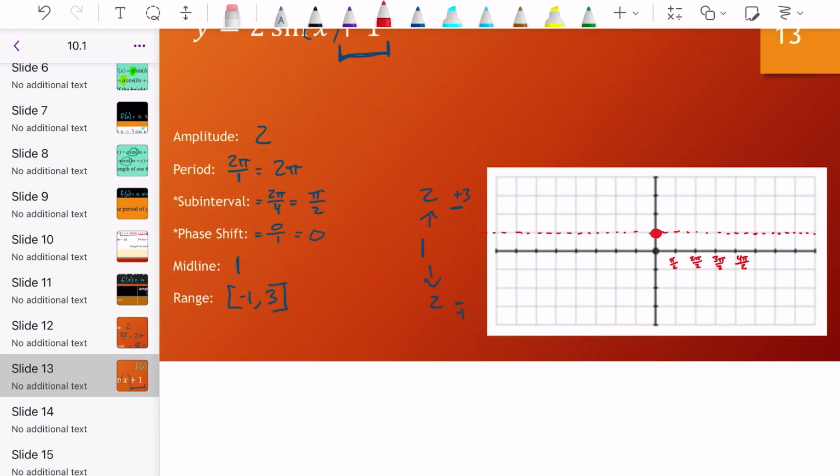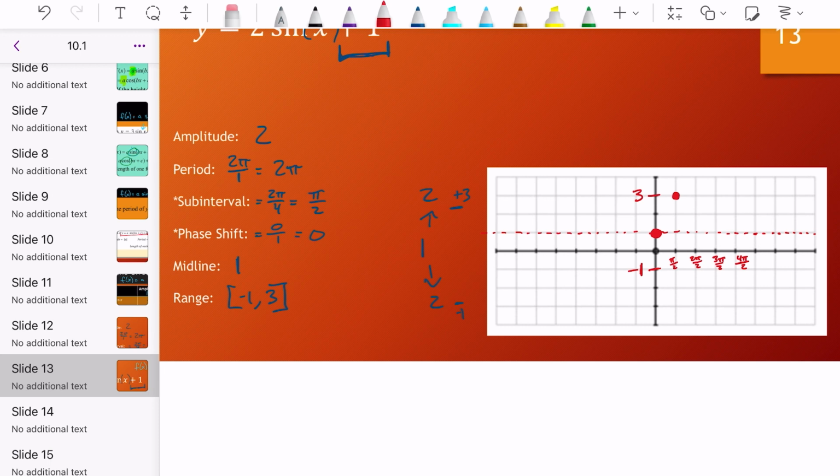With our subintervals being every pi over 2, we know that our maximum number is going to occur at 3. Our minimum number is going to occur at negative 1. At pi over 2, we go off to the top.